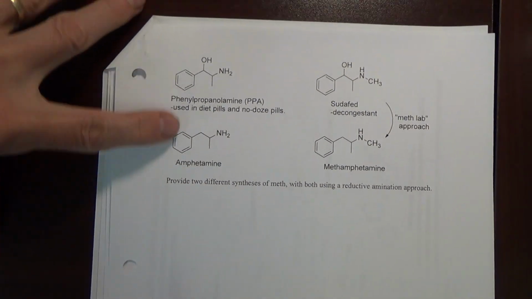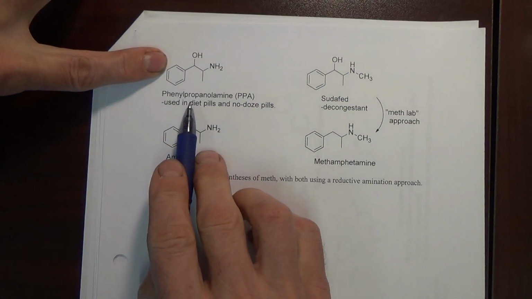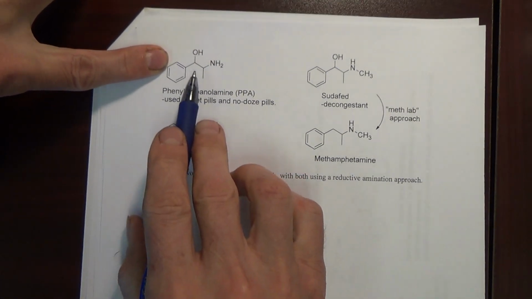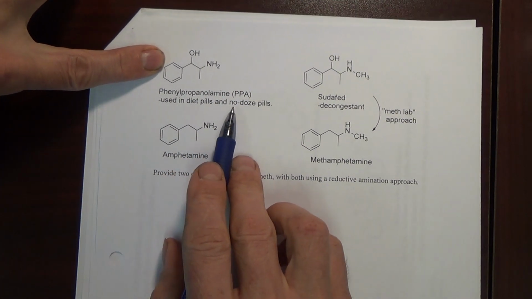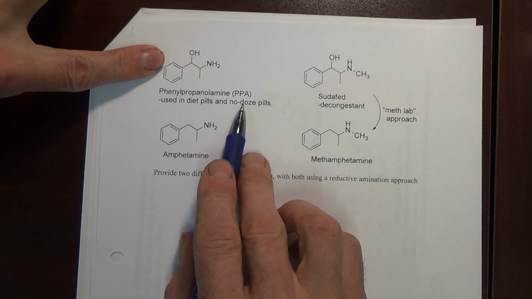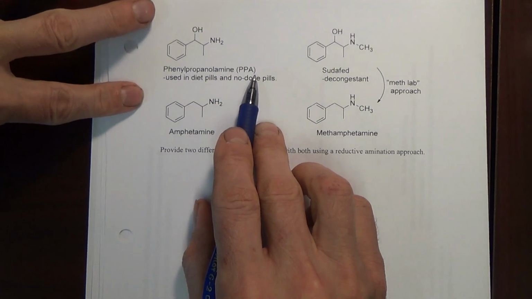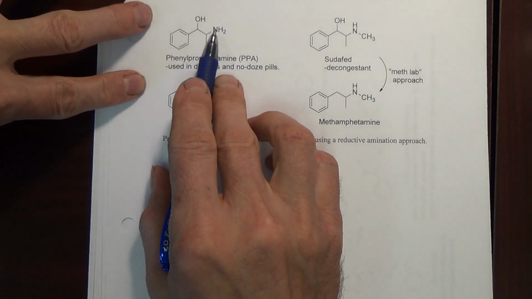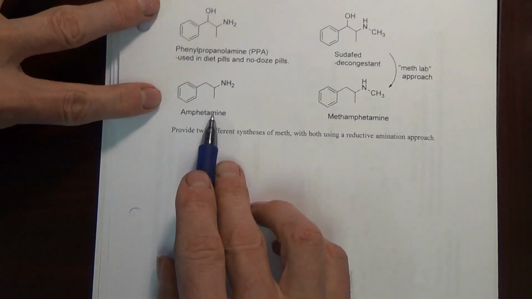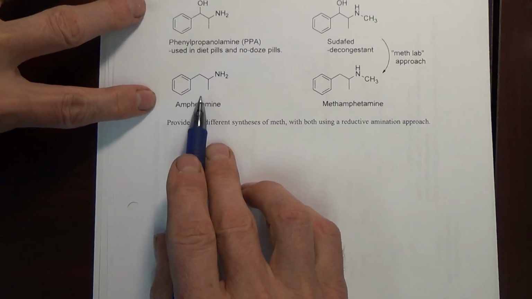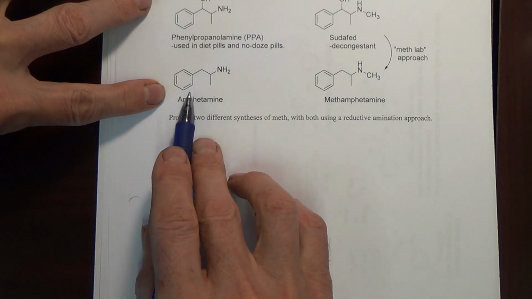By the way, if you put an OH on amphetamine, you have a compound known as phenylpropanolamine. It's a stimulant actually used in some diet pills and in so-called no-doze pills. It'll keep you awake. It's a legal upper, whereas amphetamine is illegal, sometimes used as a prescription.